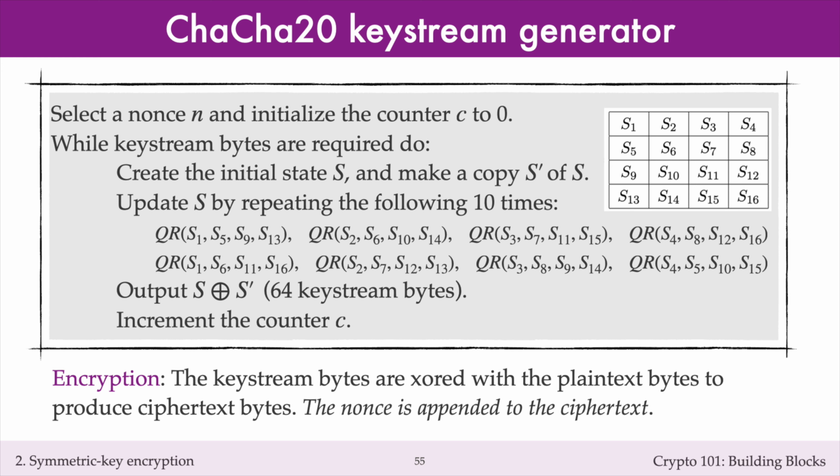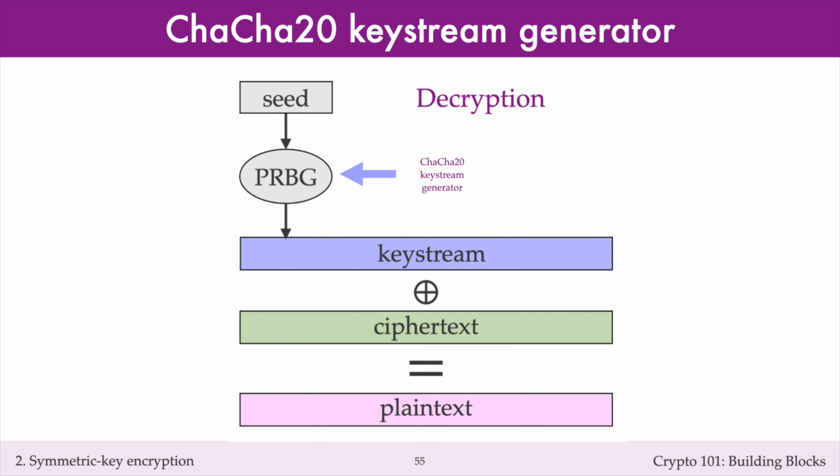The nonce is also included in the ciphertext, since Bob will need it to decrypt the ciphertext. When Bob receives the ciphertext and the nonce, he regenerates the keystream bytes using the keystream generation algorithm just as Alice did. And then he XORs the keystream bytes with the ciphertext bytes to produce the plaintext bytes.